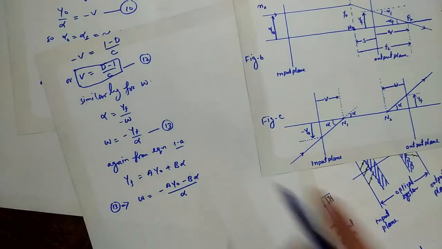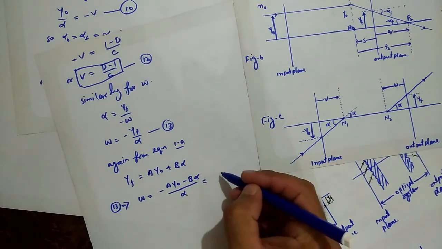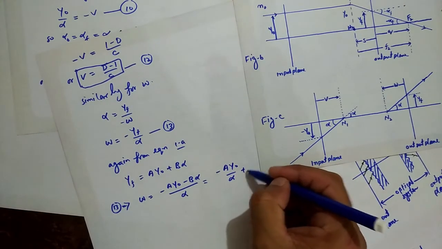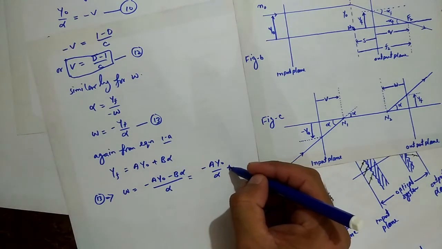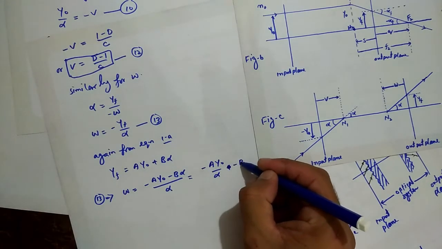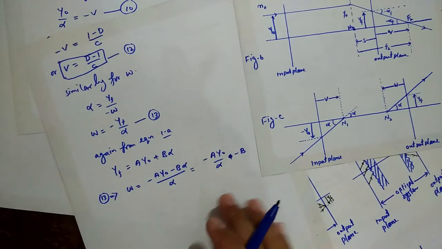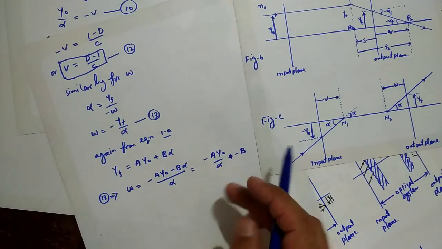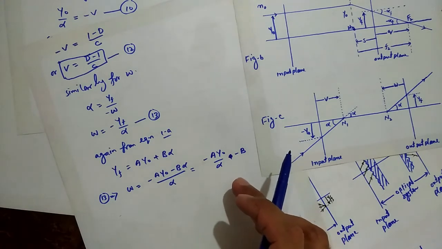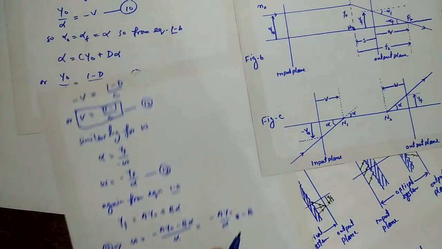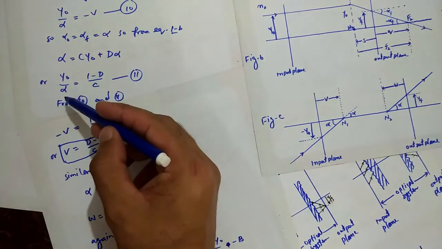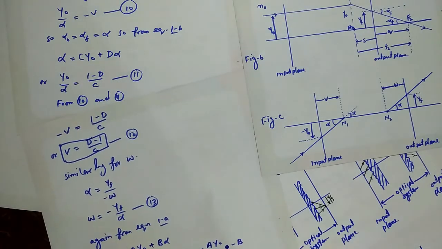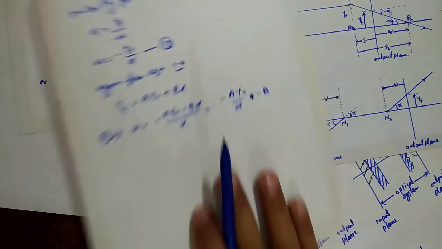or this will be equal to minus a y naught over alpha minus b, sorry, this is minus b, or y naught over alpha, which from equation number 11 is 1 minus d over c.